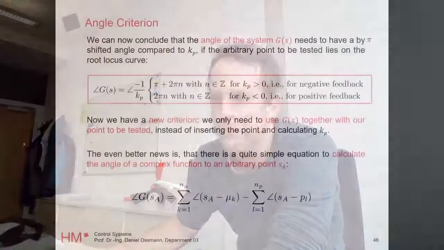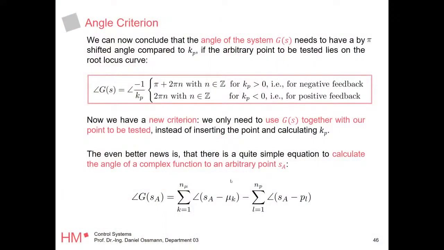Namely, this method is completely without actually computing the transfer function. It can be evaluated fully graphically, and this is what we're going to close this morning's lecture with. It's actually pretty simple.